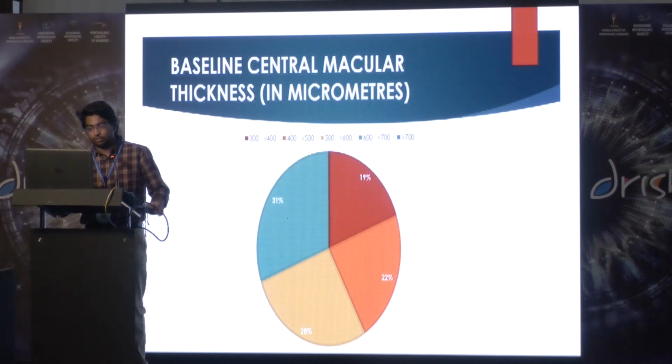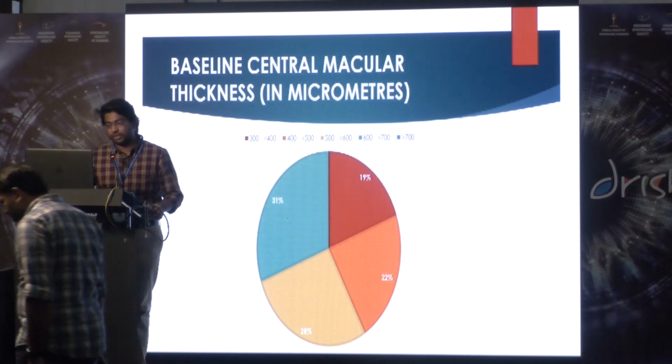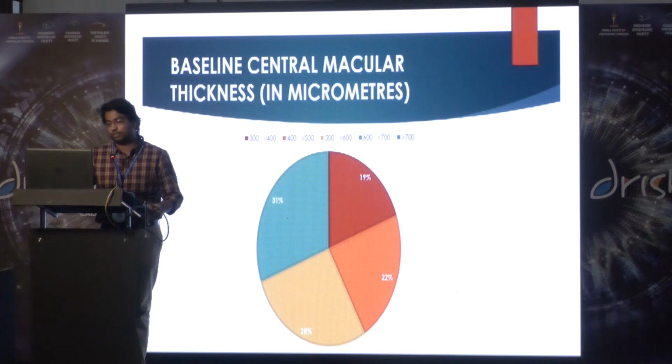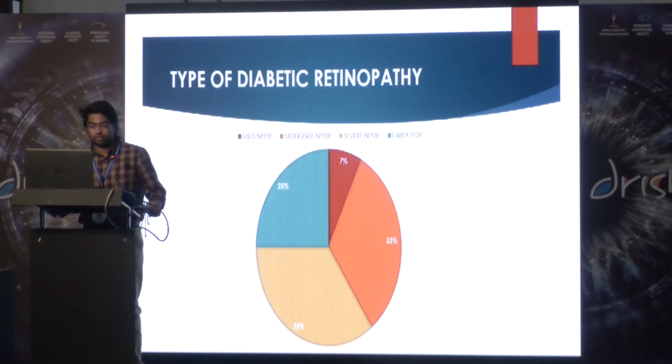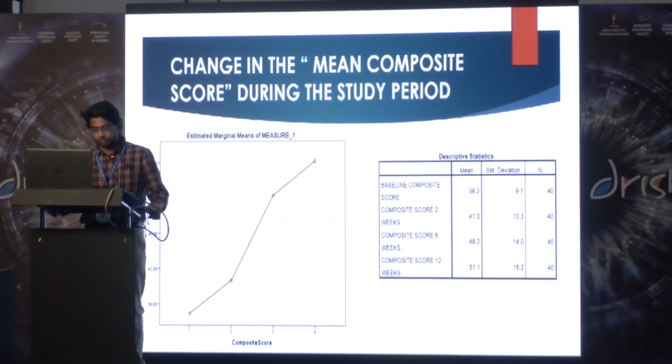Looking at their baseline OCT macular thickness, 31% were in the range of 600 to 700 micrometers, 28% in the range of 500 to 600, 22% in the range of 400 to 500, and the rest 19% in the range of 300 to 400. Looking at the type of diabetic retinopathy, 35% had severe NPDR, 33% had moderate NPDR, 7% had mild NPDR, and 25% had early PDR features.